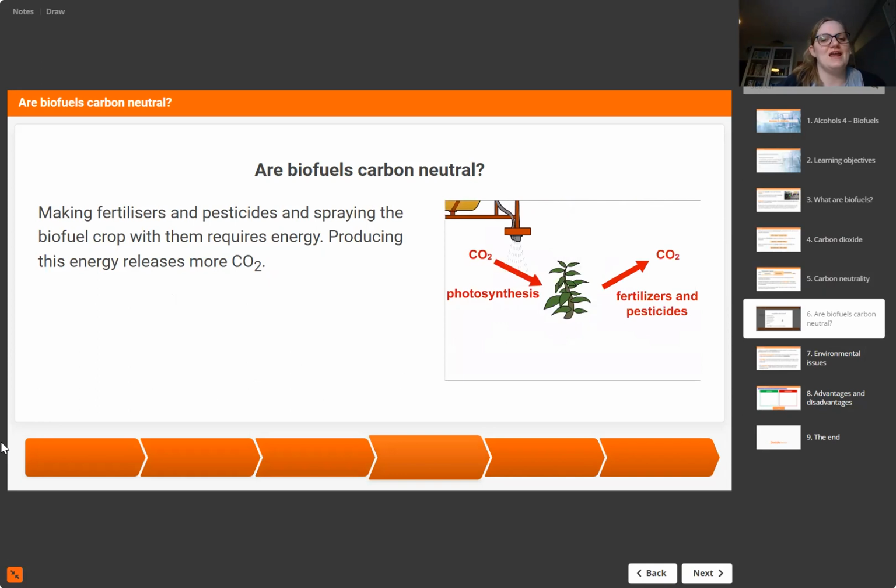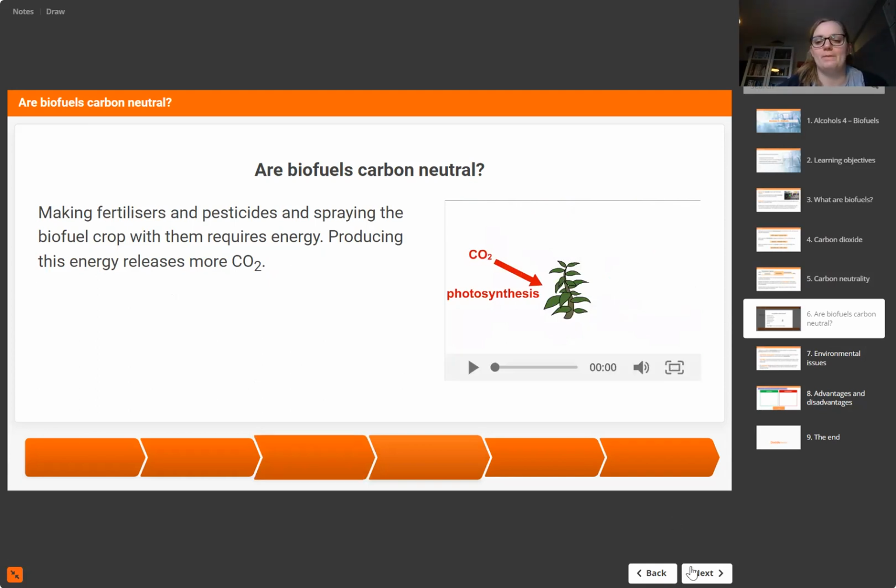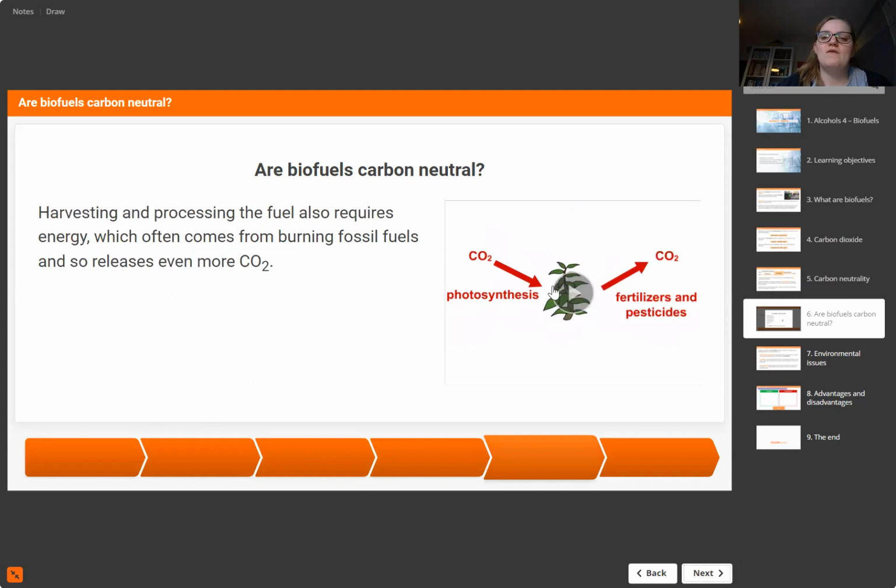All of this requires energy, and producing this energy releases more carbon dioxide into the atmosphere. When we then go and harvest and process these crops for fuel, this also requires energy, which often comes from burning fossil fuels, and so releases even more carbon dioxide.